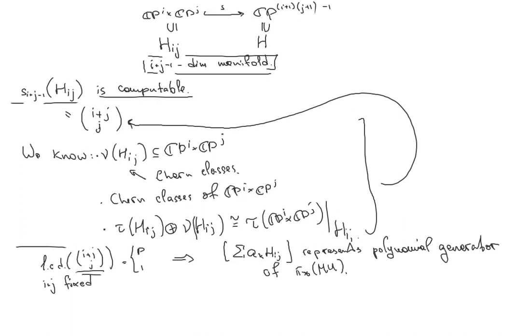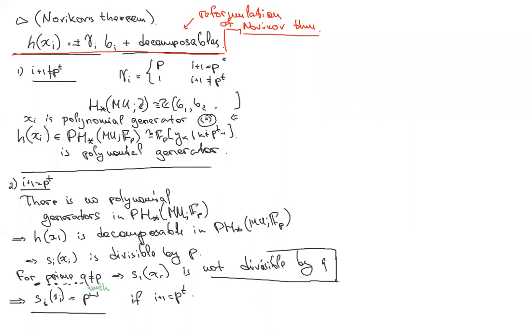Yeah, and from this it follows that the divisibility conditions here are exact. So namely, Si of xi is exactly p, plus or minus, anyway. And for one we already knew that.